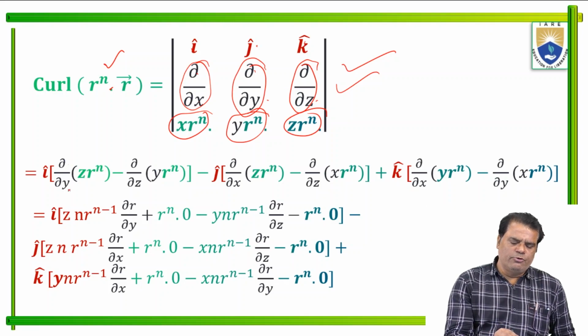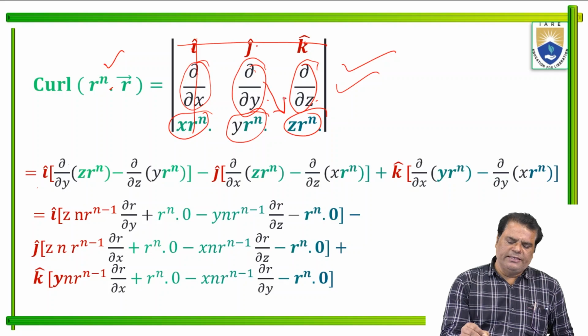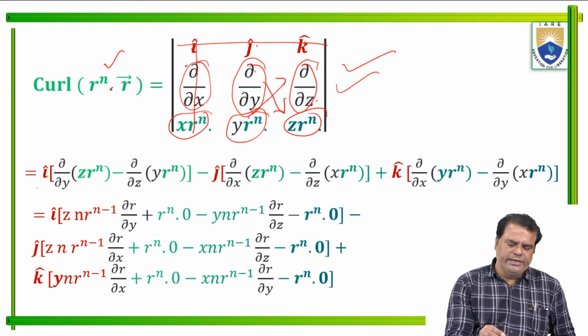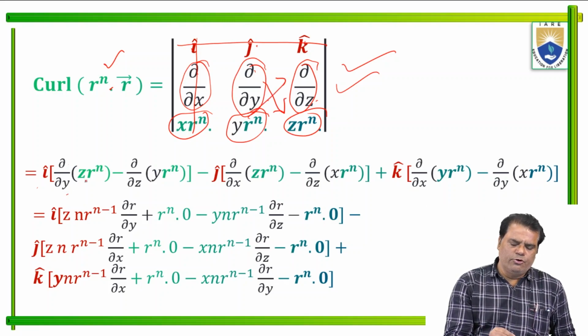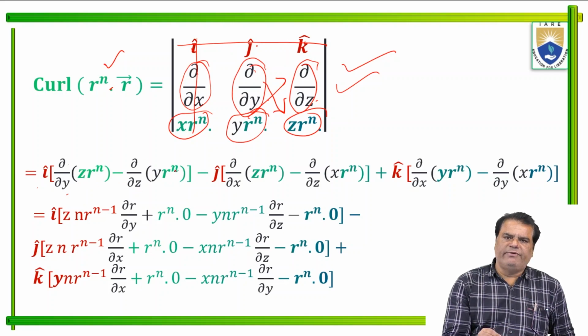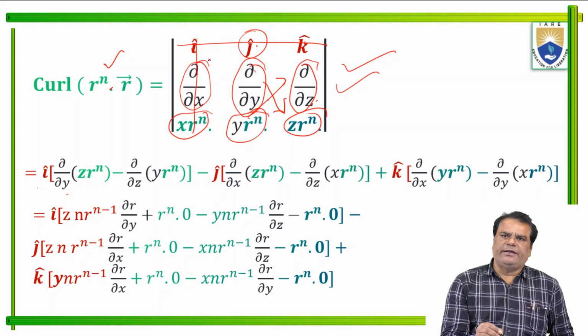So here dou over dou y, i is common. I vector first, and this one and this one. Multiply this and minus this. So here i dou over dou y, z r to the power n minus dou over dou z, y r to the power n. Minus j. Second term is minus, this negative sign.